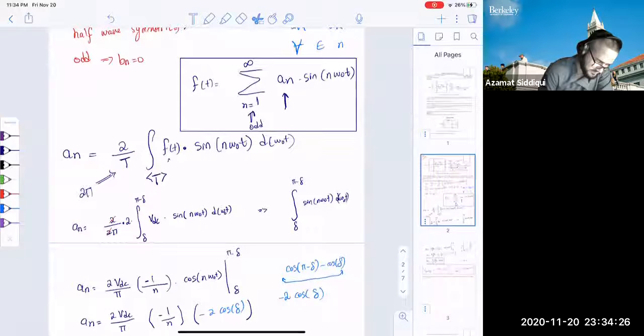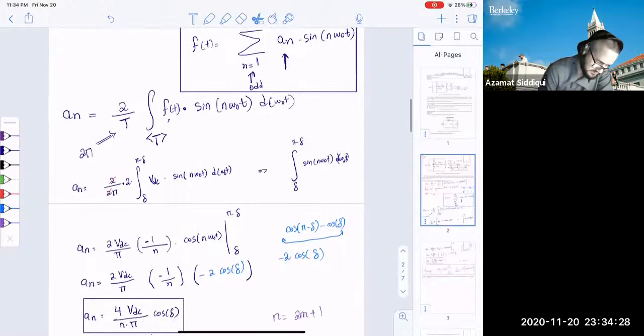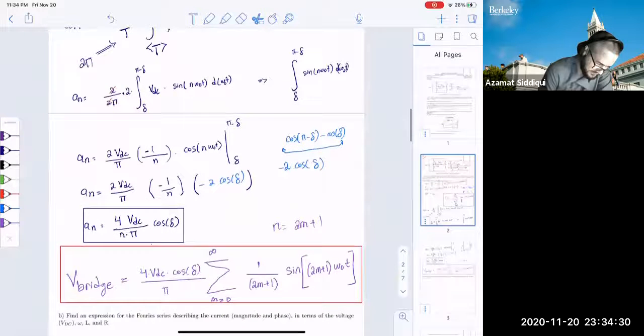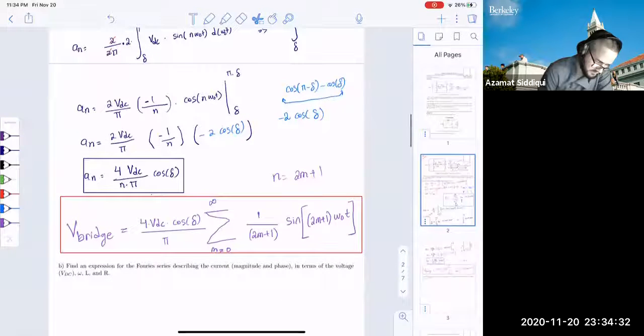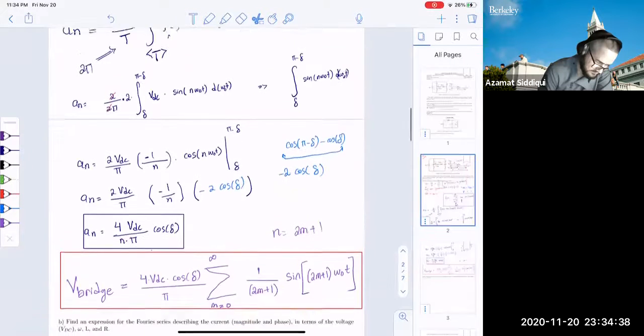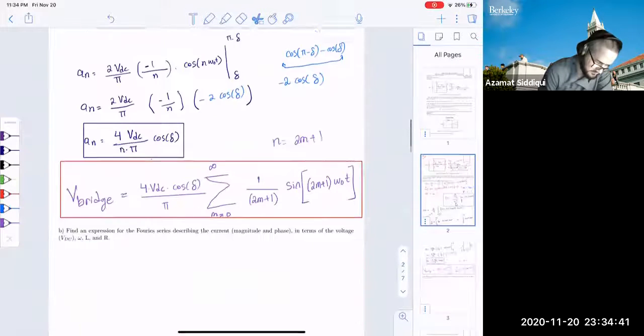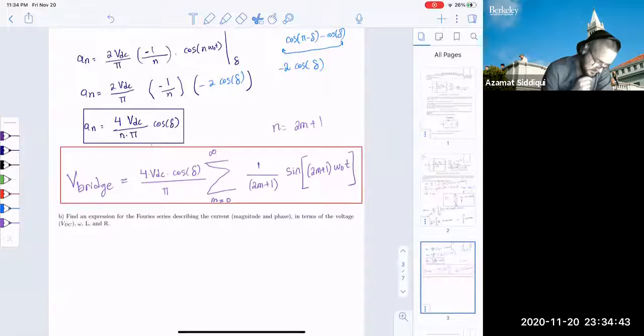And then we found the expression for A of n, solving through it, and we found that it's 4 VDC divided by n pi times cosine of sigma. We plug that into the V bridge formula right there, and we get this expression.